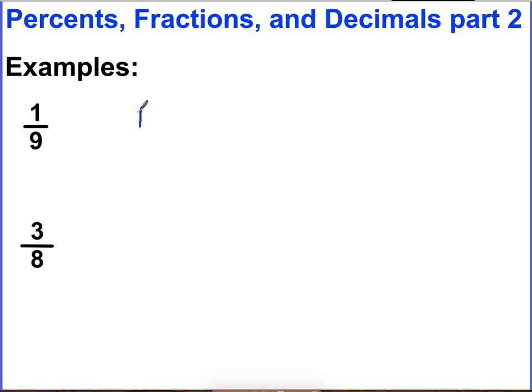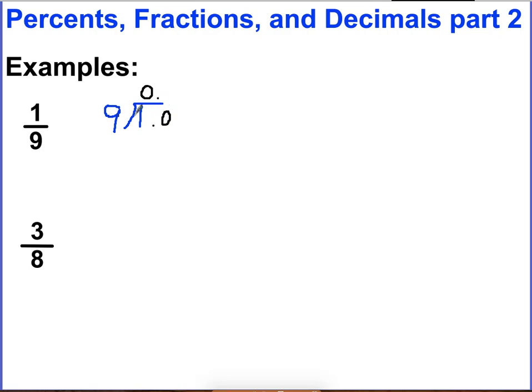I'm going to have to say 1 divided by 9. The reason I have to use long division here is because it'll get a decimal, and that'll be easy to convert into a percent. How many times does 9 go into 1? It doesn't, so 0. Put a decimal.